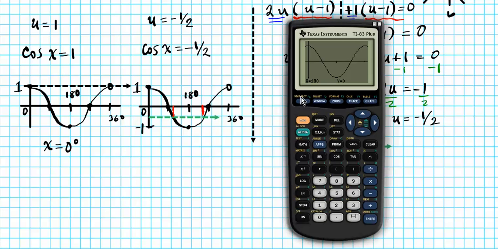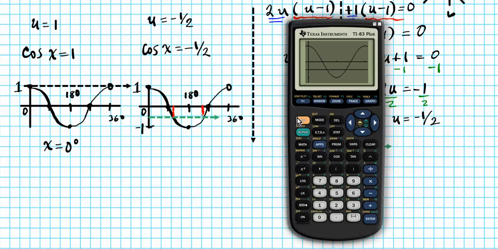So what I'm going to do is go back to my y and graph negative 1/2. Let's graph that. Bam. Now I'm going to use my intersect feature to figure out the x coordinates of the intersection between my cosine curve and this horizontal line at these two values here.